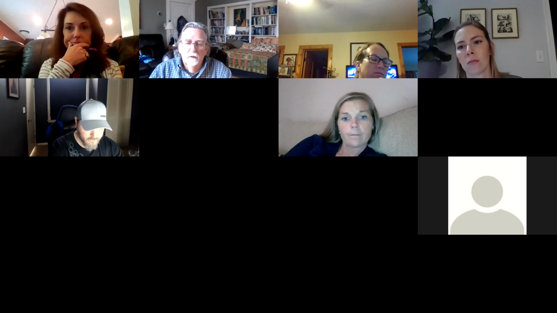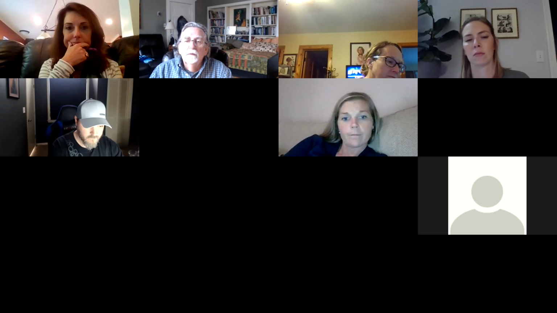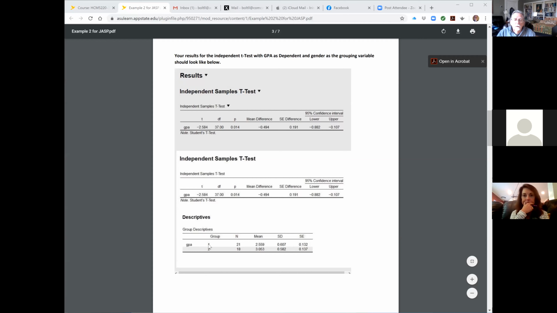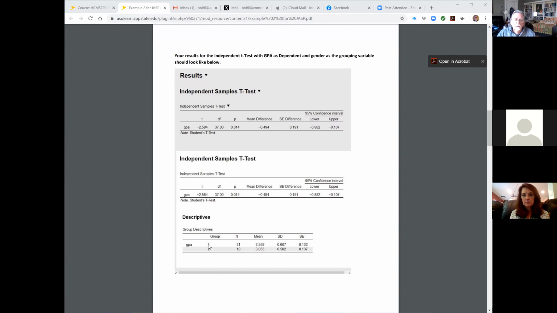So what we're actually saying with that output then is males are significantly lower, or significantly dumber, I guess. Males have a significantly lower GPA than females in this sampling.